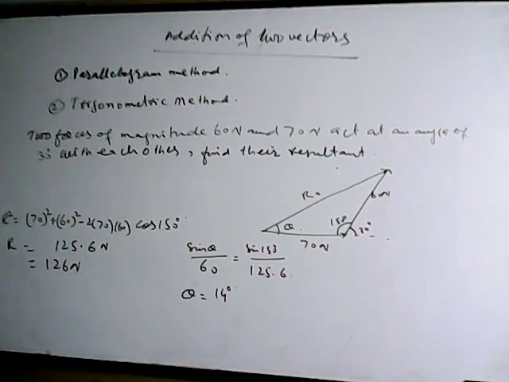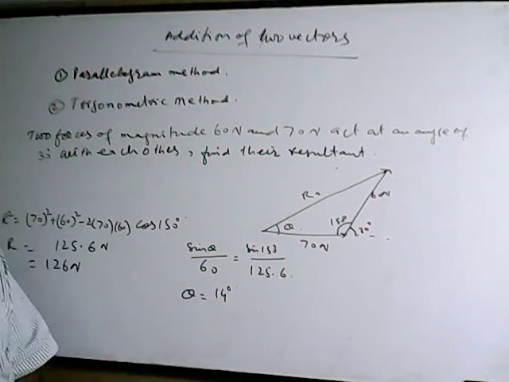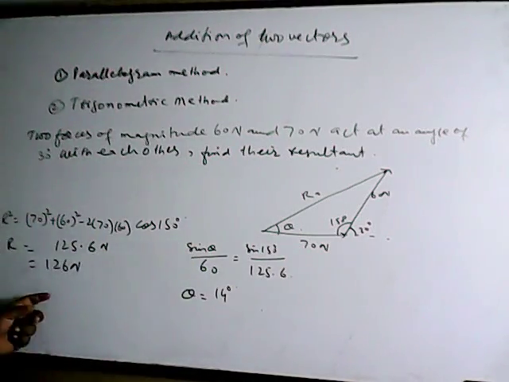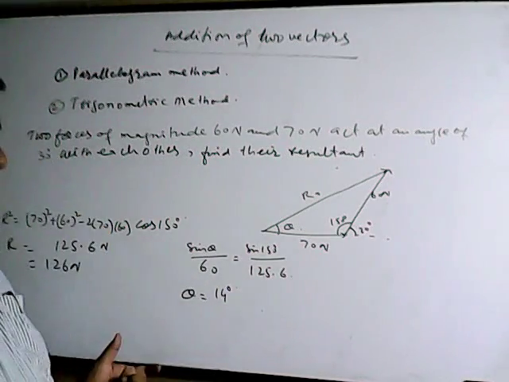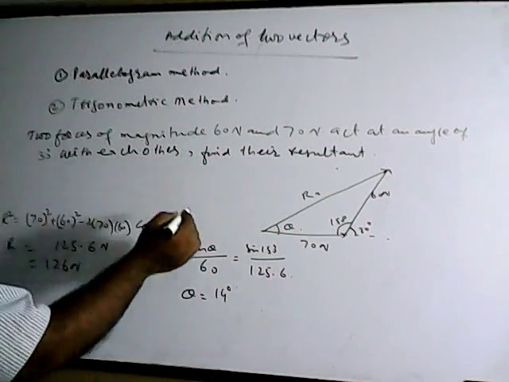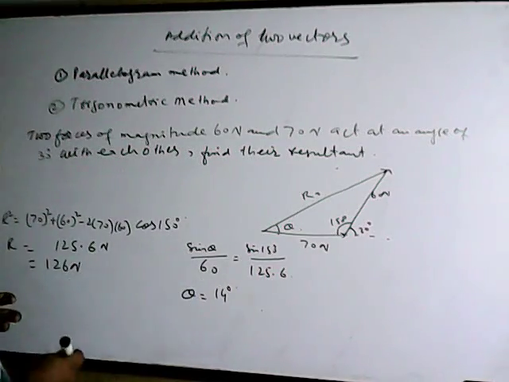So I can say the resultant is 126 Newton at an angle of 14 degree with the 70 Newton, or the resultant 126 Newton at an angle of 16 degree, sorry, with the 60 Newton force. So this is the trigonometric method.